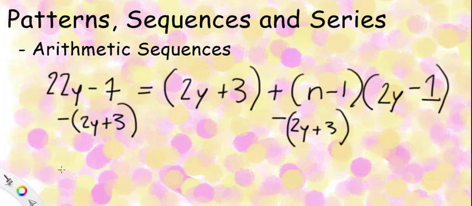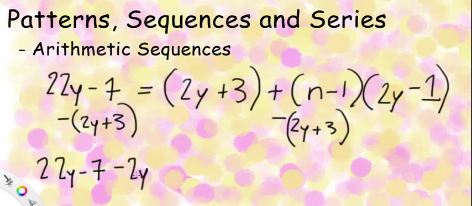Let me continue. Now you're going to understand why I insist that we use the brackets, because you've got minus (2y plus 3). You've got the minus essentially subtracting into everything within the brackets. And this is how it affects your mathematics. So on this side of the equation, you have 22y minus 7, and then you have subtracted 2y.